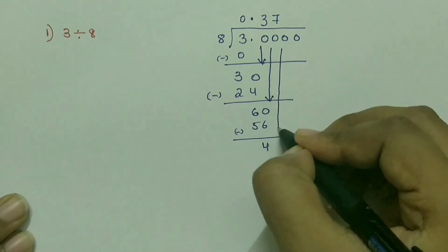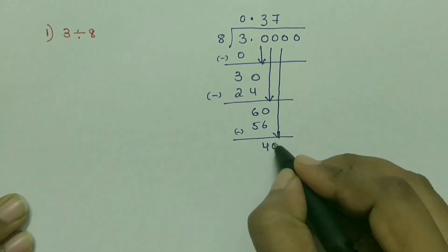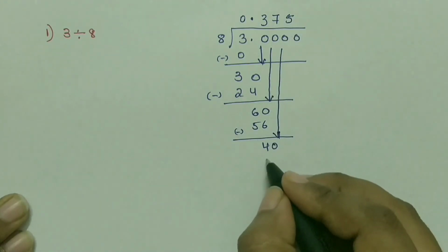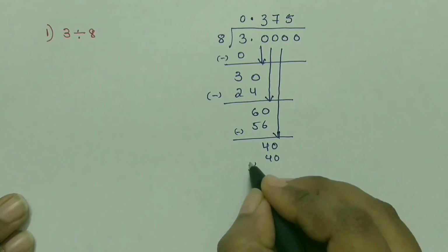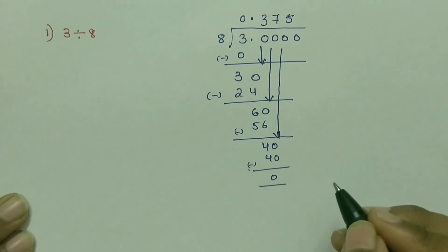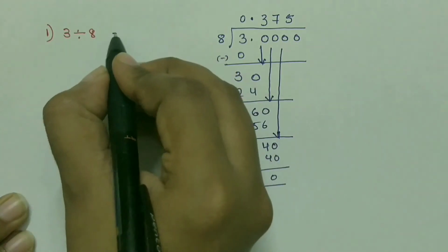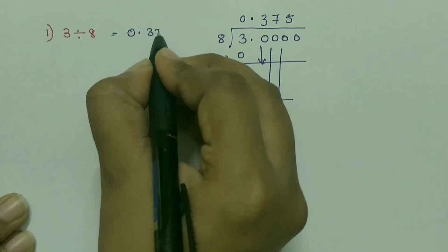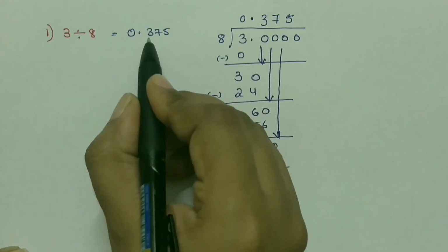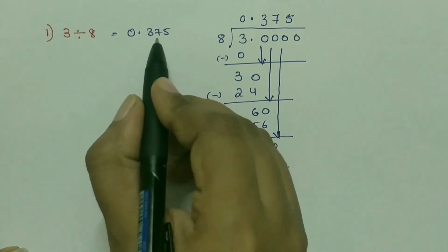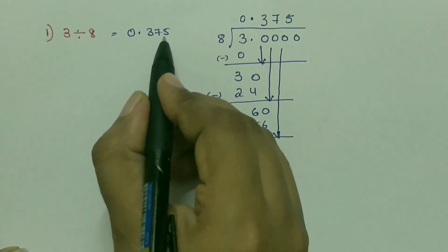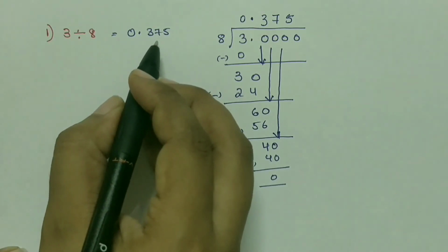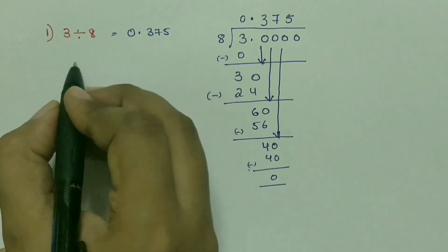Bring down 1 more 0. 8 5 40. The remainder is 0. So 3 divided by 8 equal to 0.375. The number of digits in the decimal part are 1, 2, 3. So hence it is having finite number of digits. It is terminating decimal.